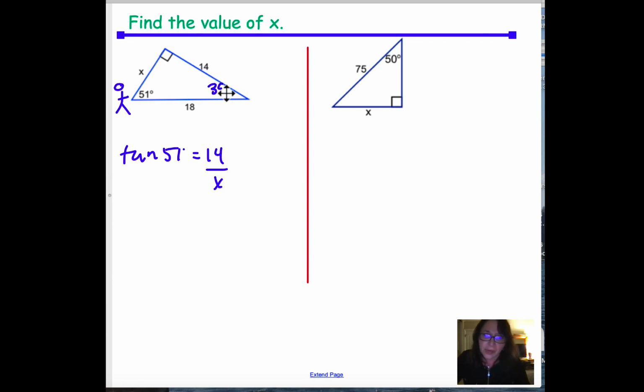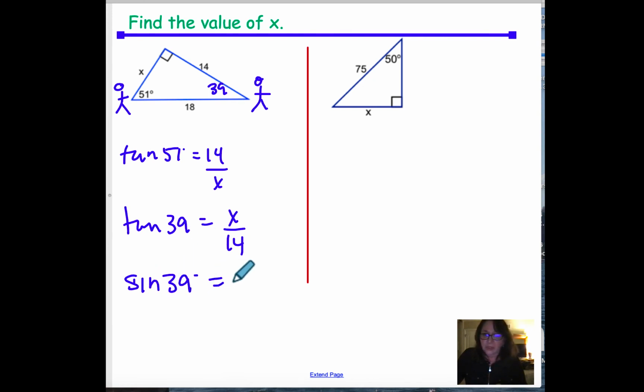Know that this is 39, and you could put yourself at this edge, and say tangent of 39 degrees equals x over adjacent, opposite over adjacent. You could say sine of 39 degrees is equal to the opposite side, which is x, over the hypotenuse. So any one of these is going to yield you the exact same answer.